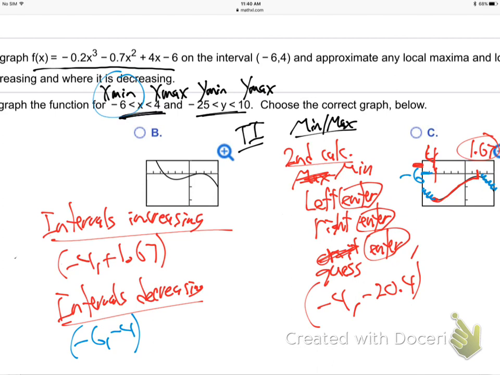So that'd be from -6 to -4, it's decreasing. And from 1.6 to, what's the right edge? 4? To +4, so the 1.67 or whatever it is, if they wanted rounded to two places, I think that would be it. I don't know how many they wanted rounded. 1.67 to 4. Does that make sense on that for the increasing and decreasing intervals? You had to put a comma between those.